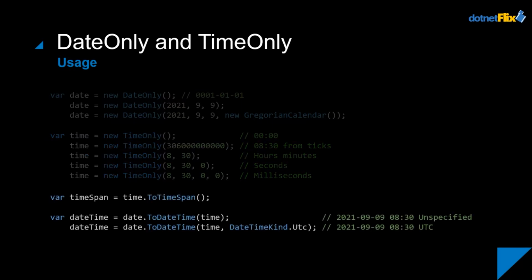Then there's a few methods on these two new types which you can use. For TimeOnly, there's a method from which you can create a TimeSpan from a TimeOnly, which simply is called ToTimeSpan.